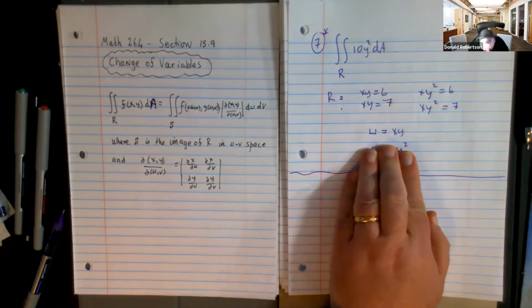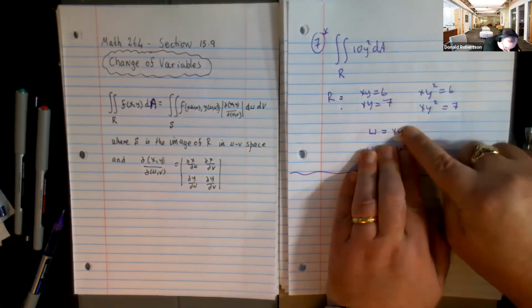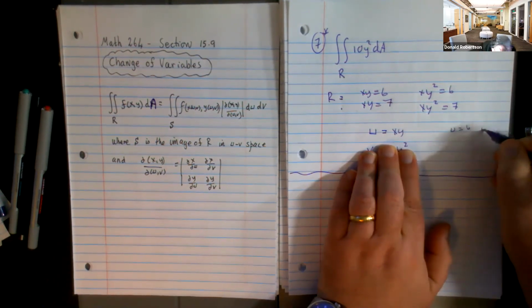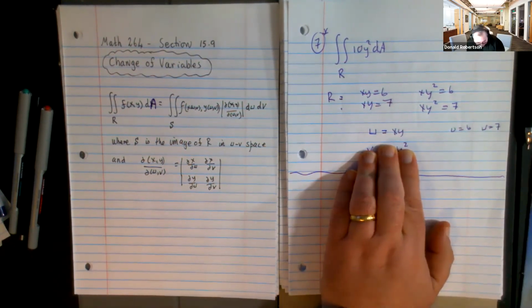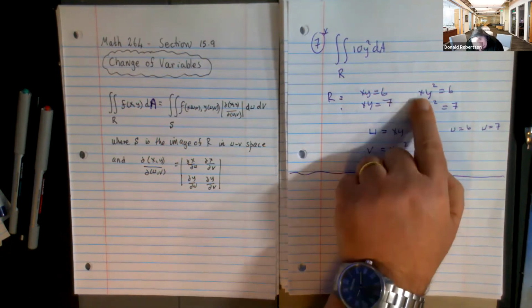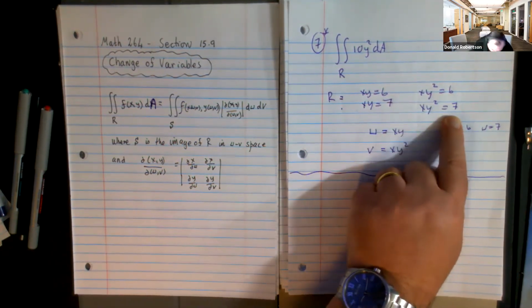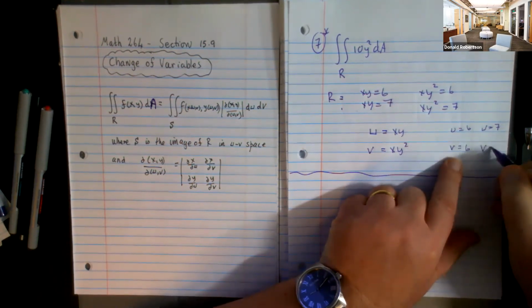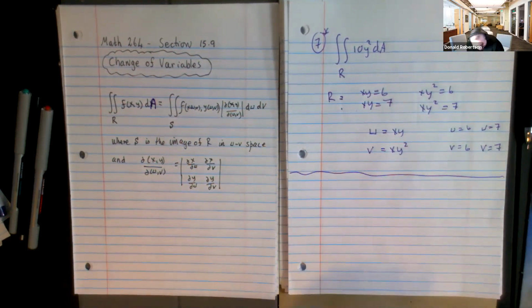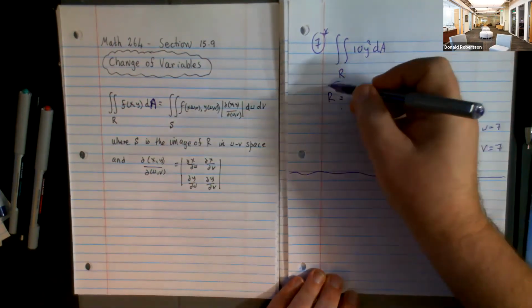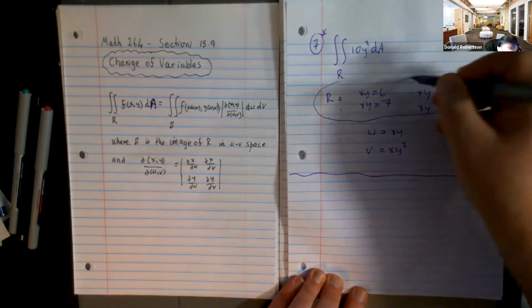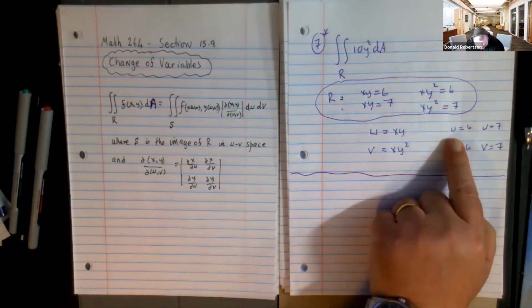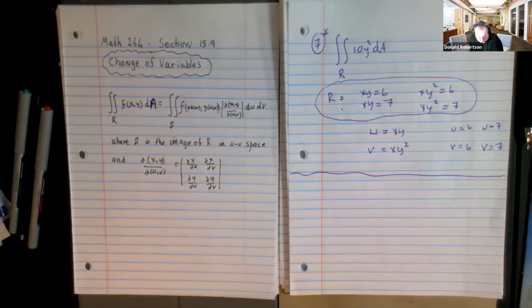If you make u equal xy, won't that just turn into u goes from 6 to 7? And do you see how xy squared is 6 and xy squared is 7? If you make that the other variable, doesn't that make v go from 6 to 7? Do you see that in the description of the region R, there are clues to how you're going to make your u and your v?